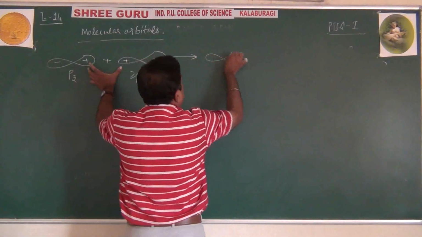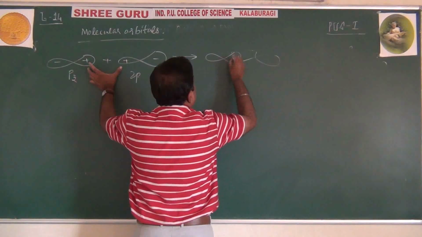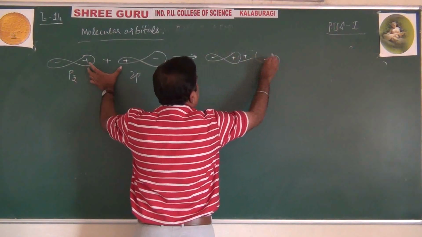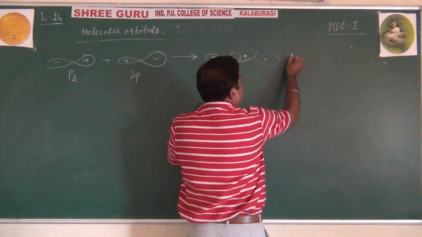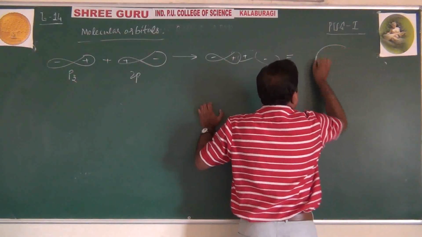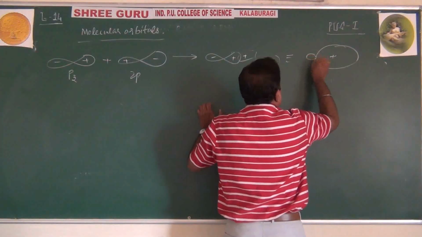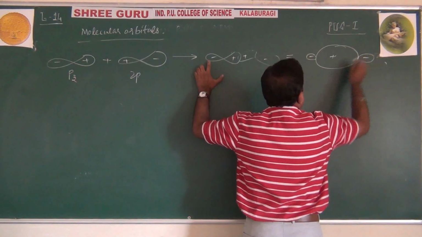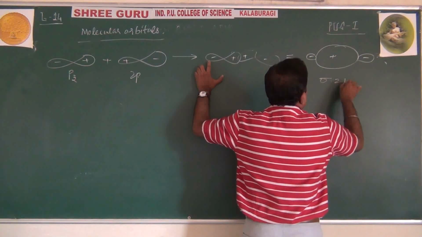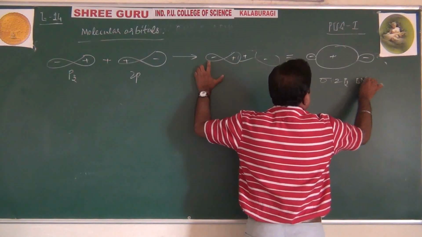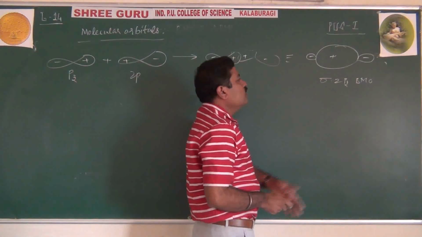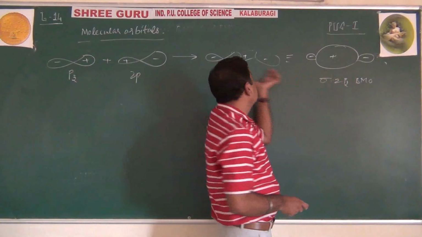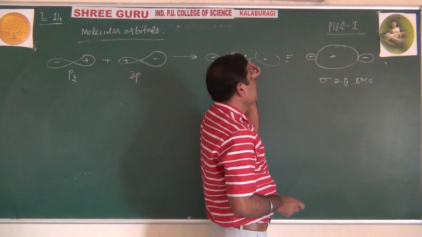improper orientation. See, this will give rise to plus, plus, minus, plus. Plus, one small and one big. This is sigma 2pz bonding molecular orbital. Okay. So this will get, that is attraction.